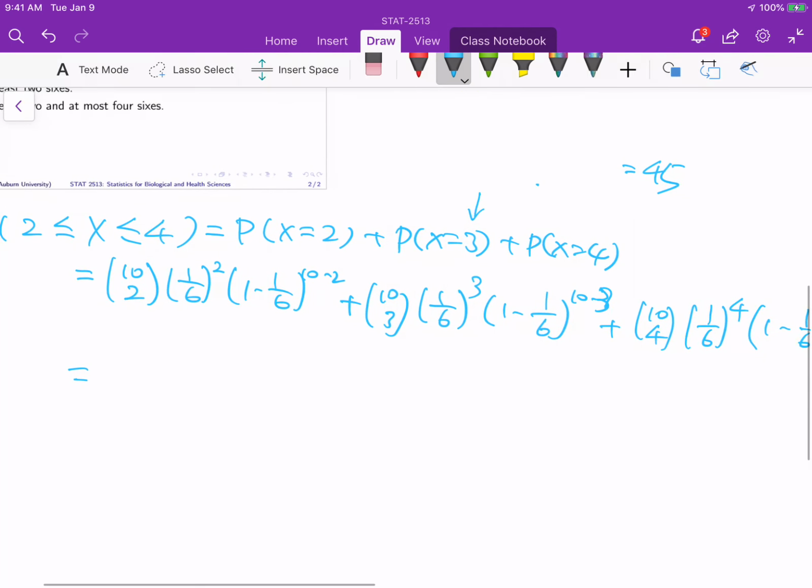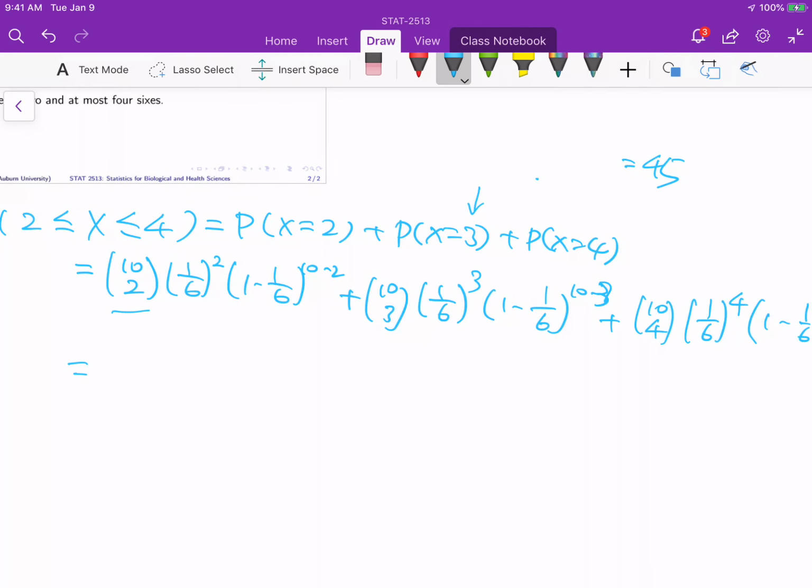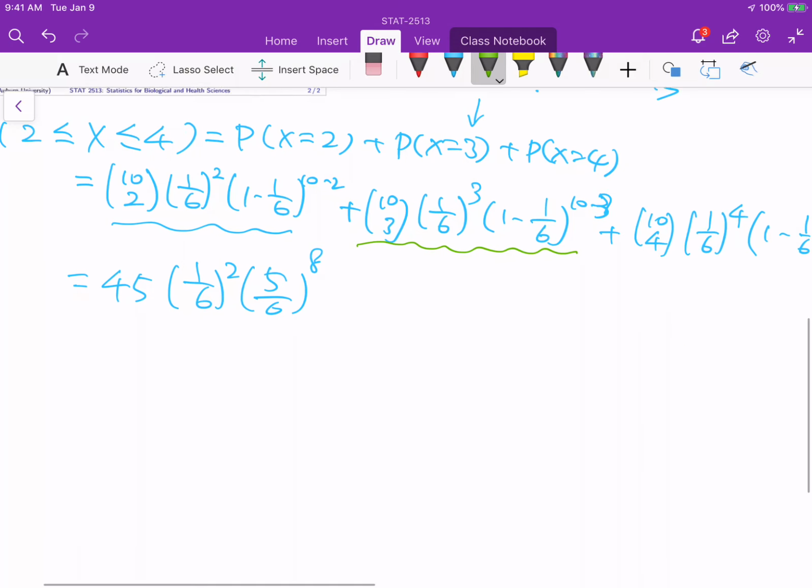In the previous example, we've already explained why this is equal to 45 times 1 over 6 squared times 5 over 6 to the power of 8. Let's try another example to explain how to evaluate this one.